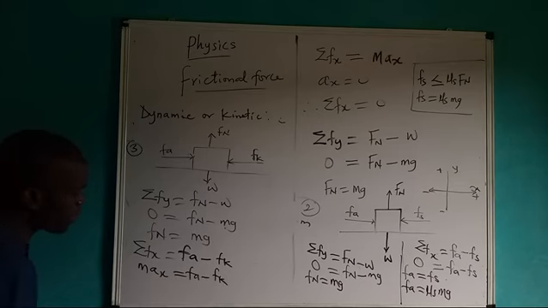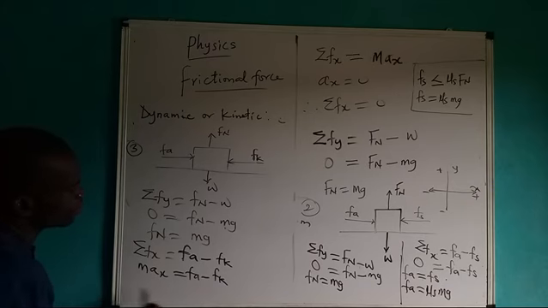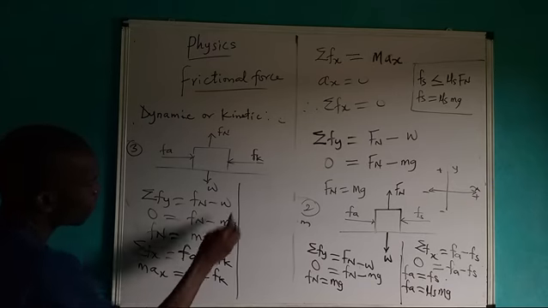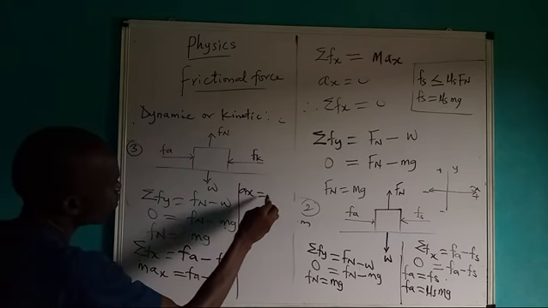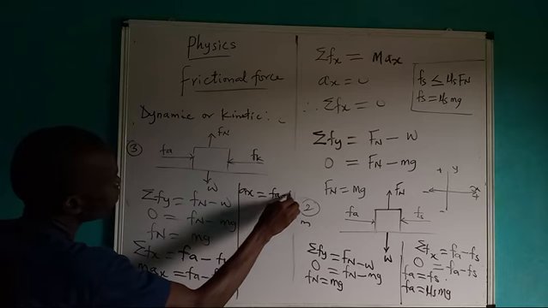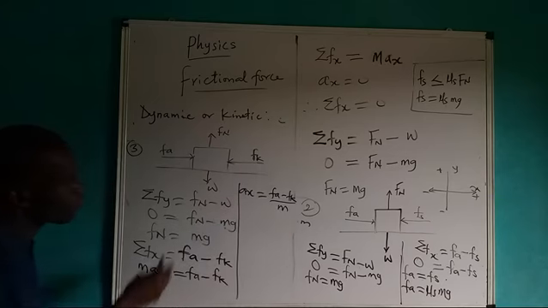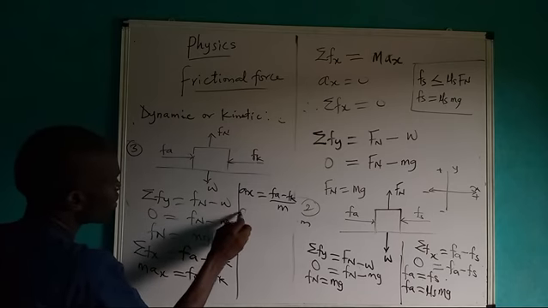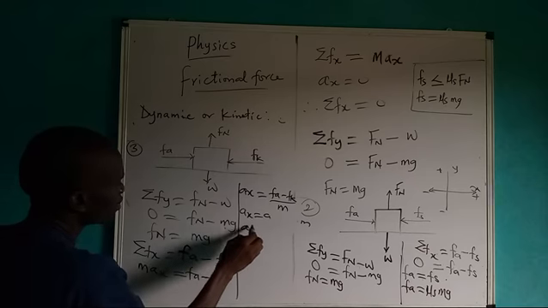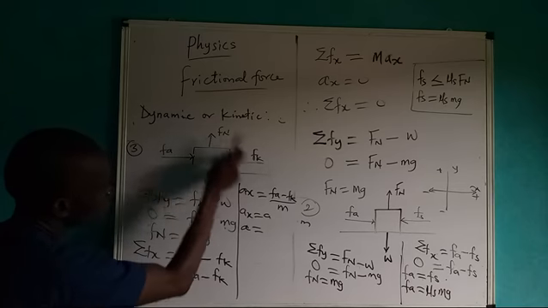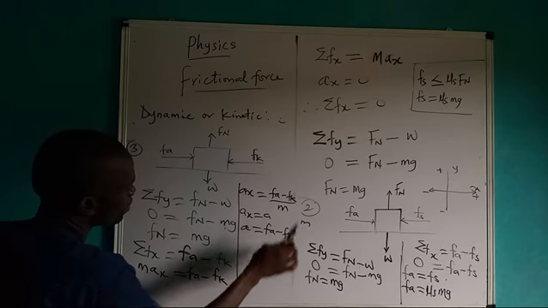Please don't forget that. Now from what we have here, I can make a the subject of the formula. When I make a the subject of the formula, a will be equal to Fa minus Fk all over m. Don't forget also that a is the acceleration of the system.